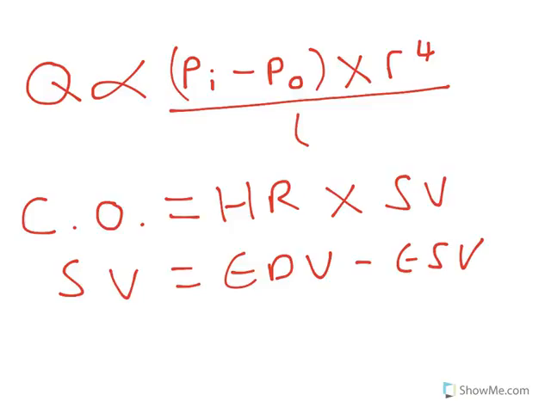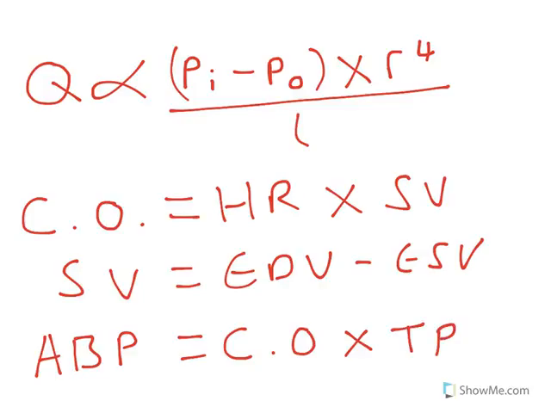Now, I want to introduce a final equation which is new, and this is the equation relating arterial blood pressure, so this is specifically the pressure in arteries, relating arterial blood pressure to cardiac output and a new quantity which we call total peripheral resistance.